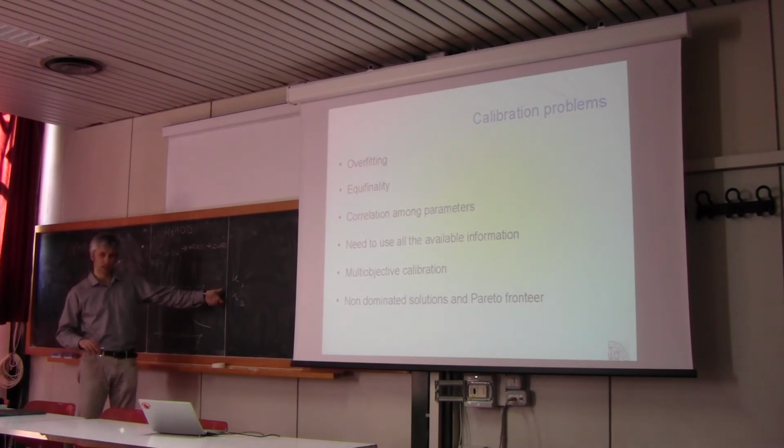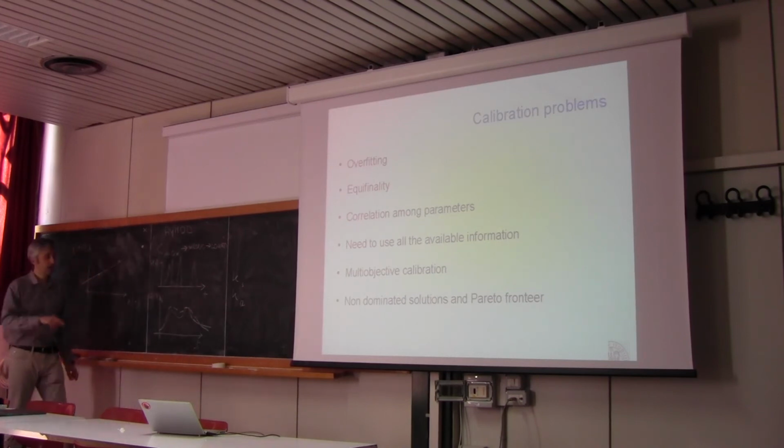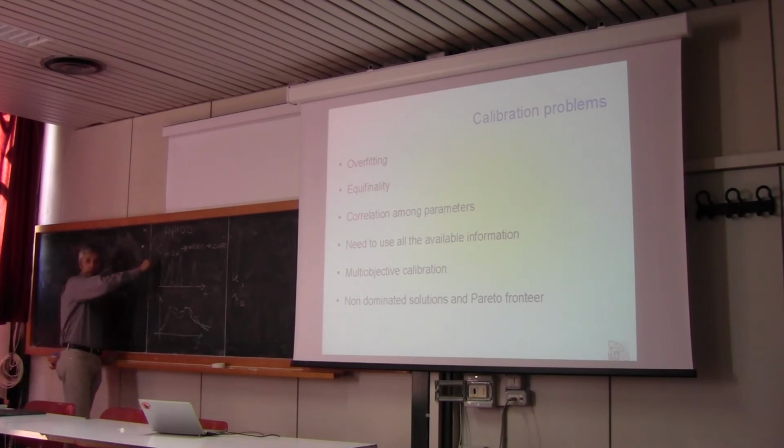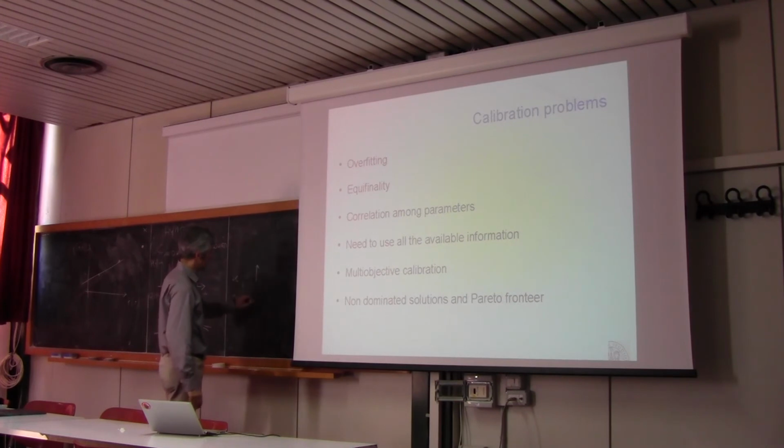If you increase these parameters so that you store more water in these reservoirs, you compensate and bring the simulated hydrograph closer to the observed one. So basically you make a mistake in the estimation of Cmax and you compensate by changing these numbers.